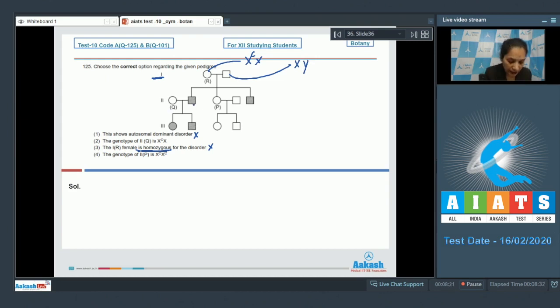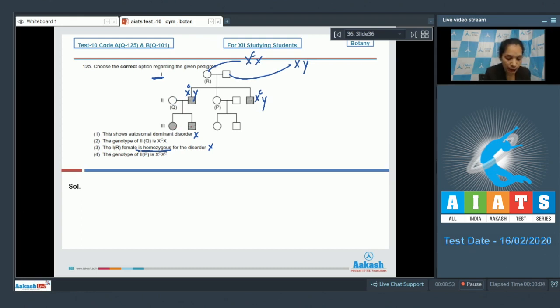Now, here, this male offspring is affected. Its genotype should be XCY, which is possible because this male is taking Y from the father and XC from the mother. Again this is true for this male offspring also. Here, what should be the genotype of second Q?